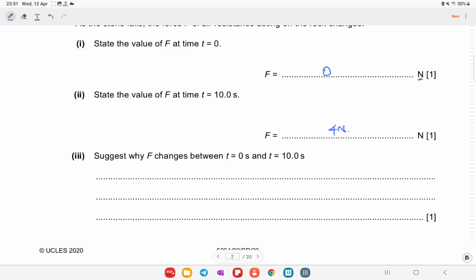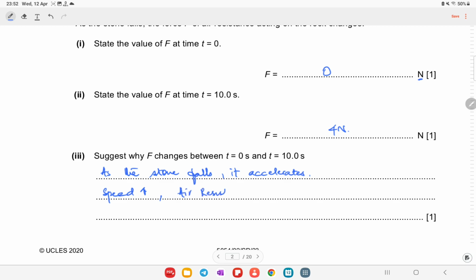Suggest why F changes between t equals 0 and t equals 10. So what they are asking is why the forces are changing. As the stone falls, it accelerates, or you can say that its speed is going to increase, and air resistance will also increase.